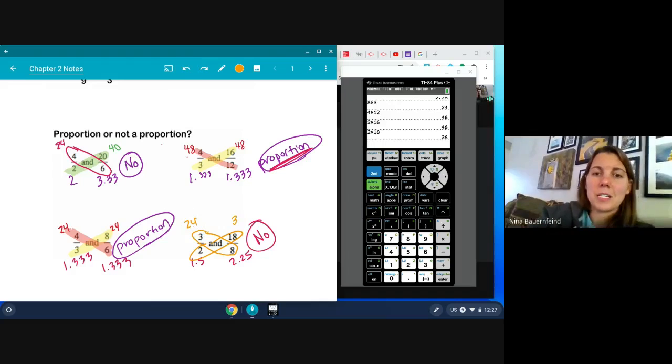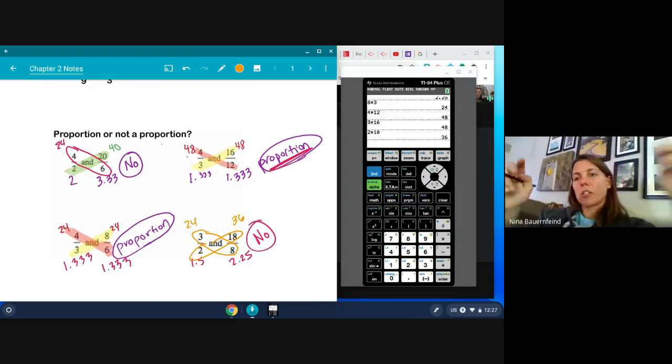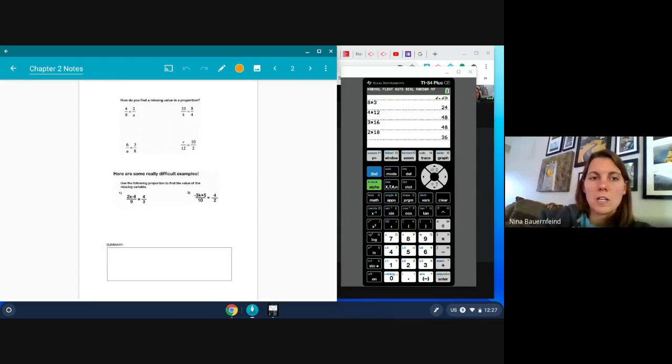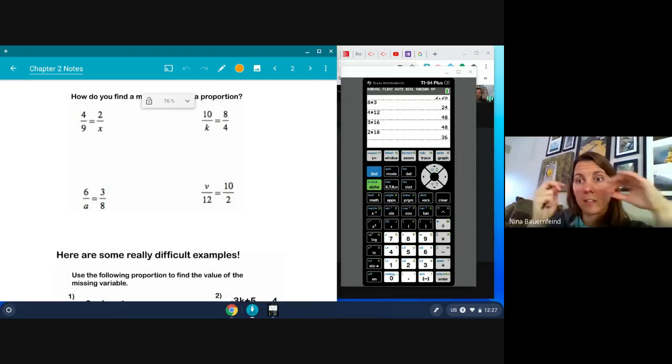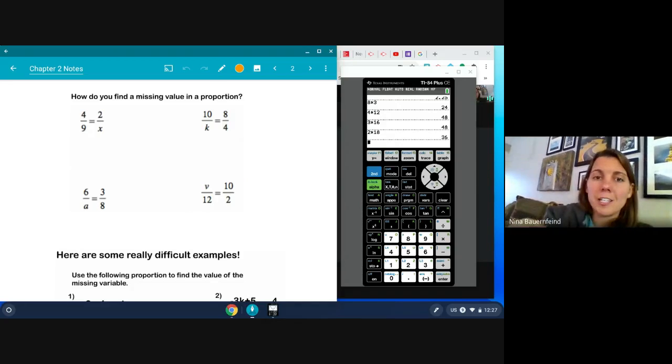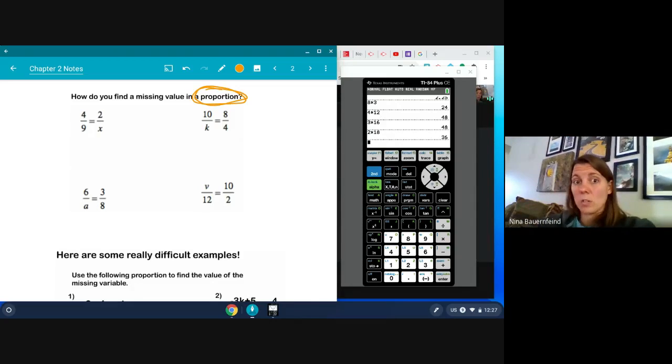So what happens is, it's called a cross multiple. If you do the loop around and they equal two separate things, it's not a proportion. If they are the same, then it is. So here's how we're going to use that little nugget of information. It says, how do you find a missing value in a proportion? Well, here's the deal. They're telling us these are all proportions. They're equal.